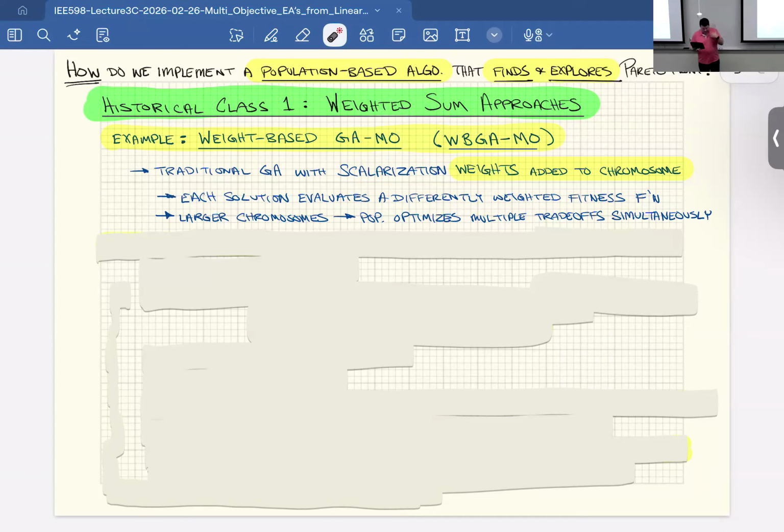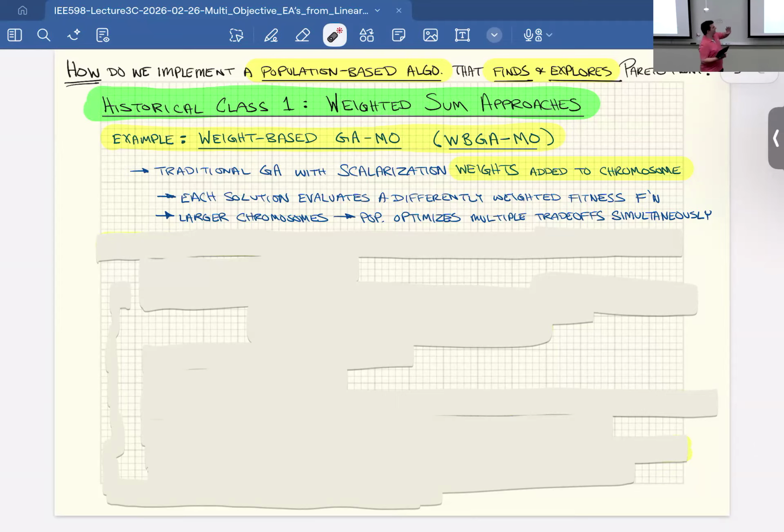So for me, this individual standing right here has a particular design, but it also does 80% objective 1 and 20% objective 2 and adds those things together. And that's how you calculate fitness for that individual. Then there could be another individual in the exact same point in decision space that has different weights for its fitness function. And so across all of the individuals, you calculate fitness differently.